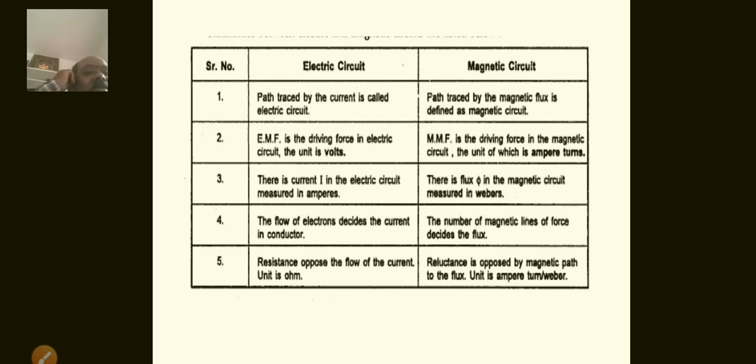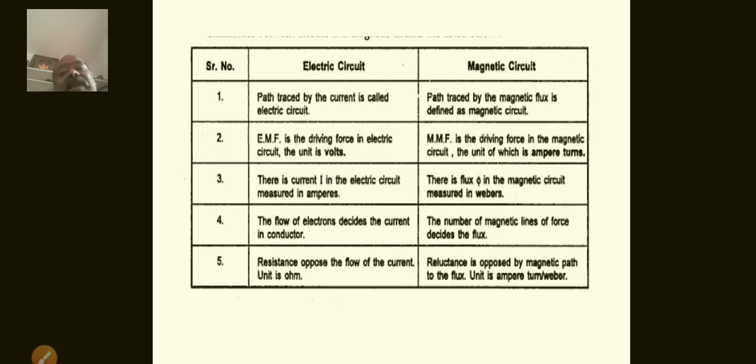Generally EMF is the driving force in the electric circuit, and the unit is volts, already know that. MMF is the magnetomotive force, the driving force in the magnetic circuit, and the unit is ampere turns, right? That we already explained in the previous slides.